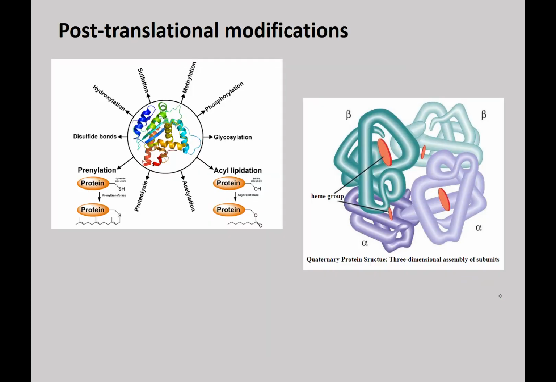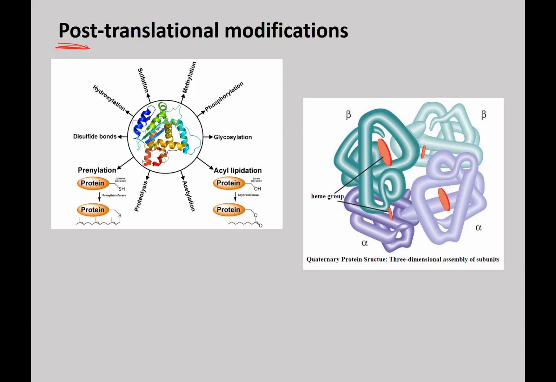The other thing I want you to remember, and we talked a little bit about this last chapter, is that proteins can be modified. So we talked about co-translational modifications, such as N or O-linked glycosylation that happen in the ER while the protein is being made.